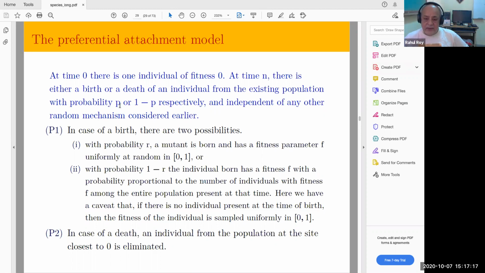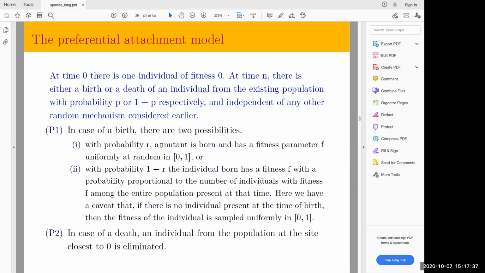And if there is a birth, then with probability R, there's a completely new mutation. This new mutation, which we call a mutant, has a fitness F, which is uniform in 0, 1. So the fitness variables are in the interval 0 to 1.